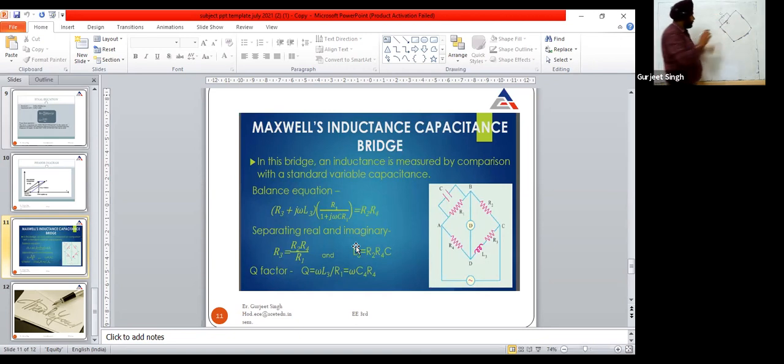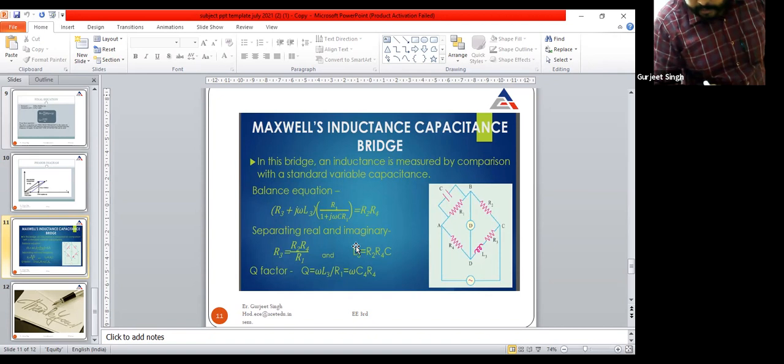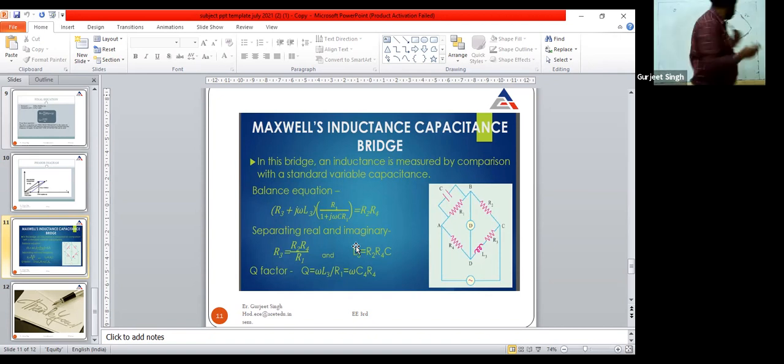And this is R2. This is R3. In this diagram, we have R2, and R4 here. And this is the L3 and R3, whose values we have to find. Here, these are the points A, B, C and D.